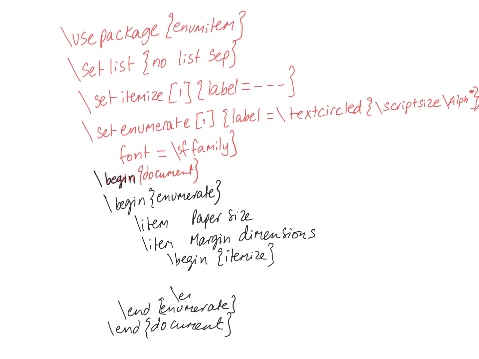And that will have an end itemize. And here again you'll have item. And let's put another item. So maybe geometry and type area. So run this code, see how you see the typeset for this document, right?